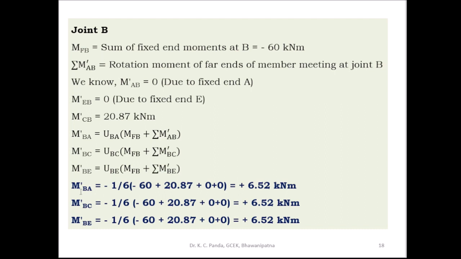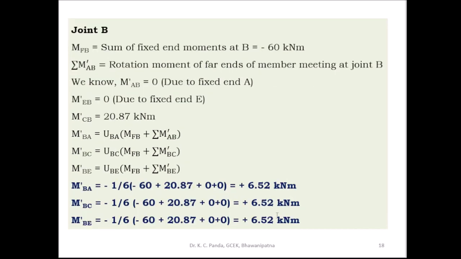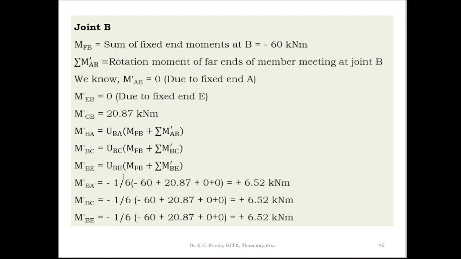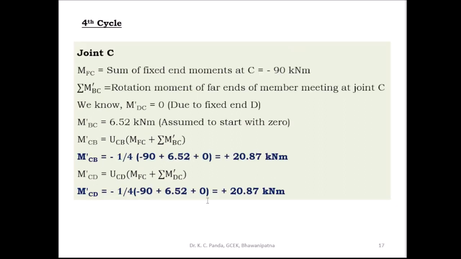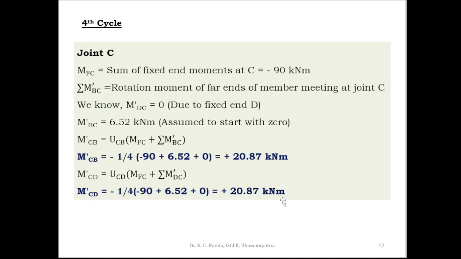Similarly at joint B, m dash BA is equal to 6.52, m dash BC 6.52 and m dash BE 6.52. There is no difference between the third and fourth cycle reading. This is the third cycle value, 6.52 kilonewton meter each, and this is the fourth cycle value, 6.52 kilonewton meter each.